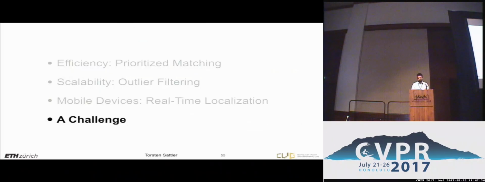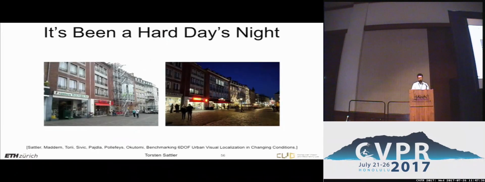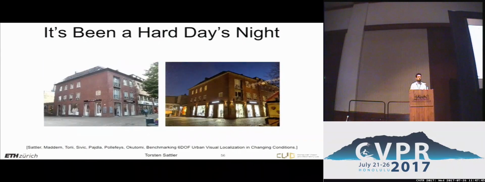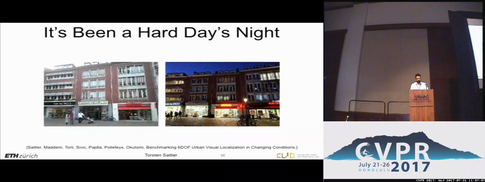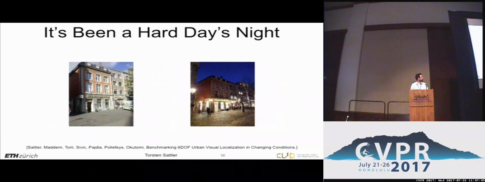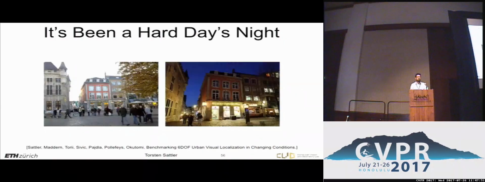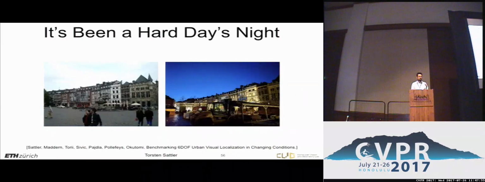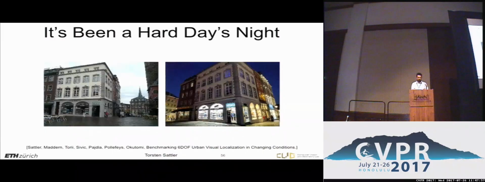One thing that we're going to release soon is a paper that describes how badly things work if you try to localize nighttime images against a daytime map. We collected a set of nighttime images. For each nighttime image, we have a corresponding daytime image taken from around the same position.